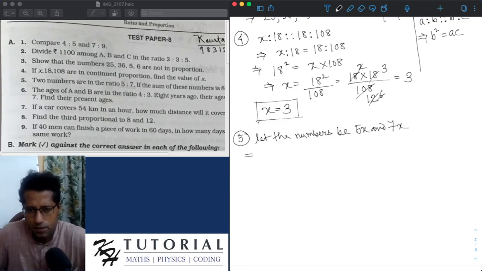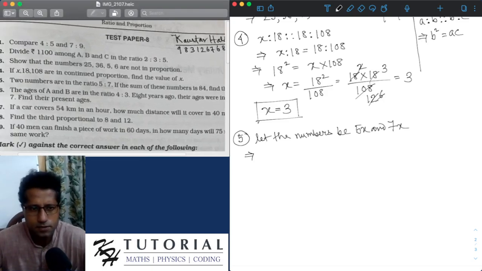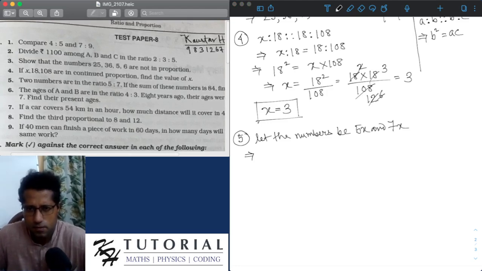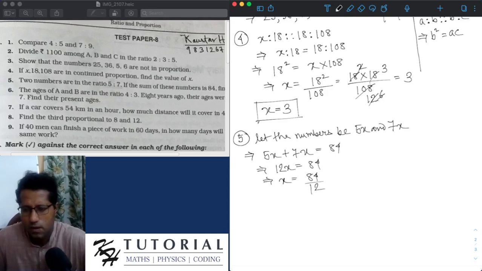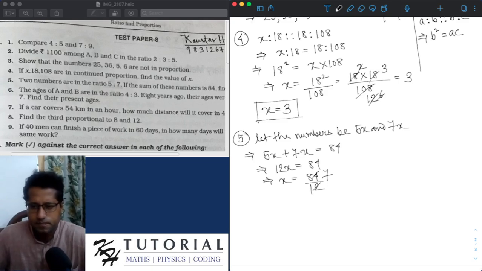Now it is given that the sum of the two numbers is 84. So this implies 5x plus 7x equals 84. This implies 12x equals 84. This implies x equals 84 divided by 12, so x is 7.